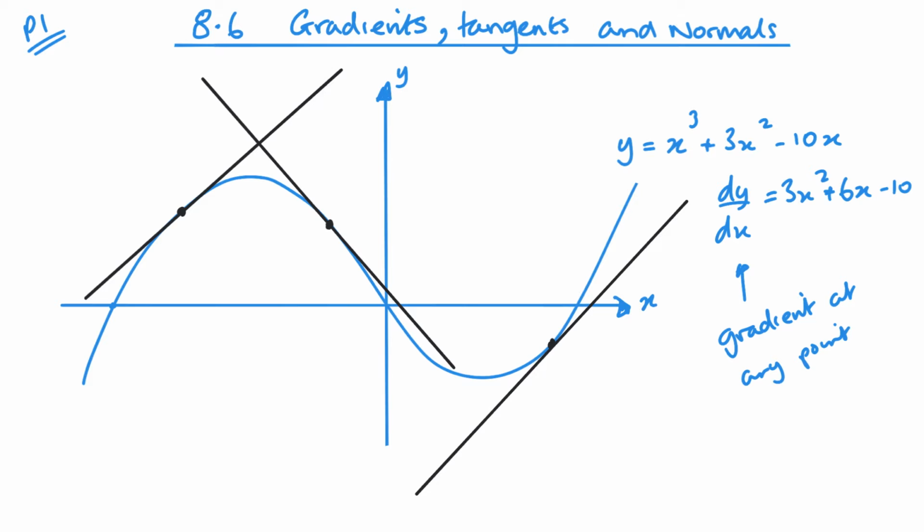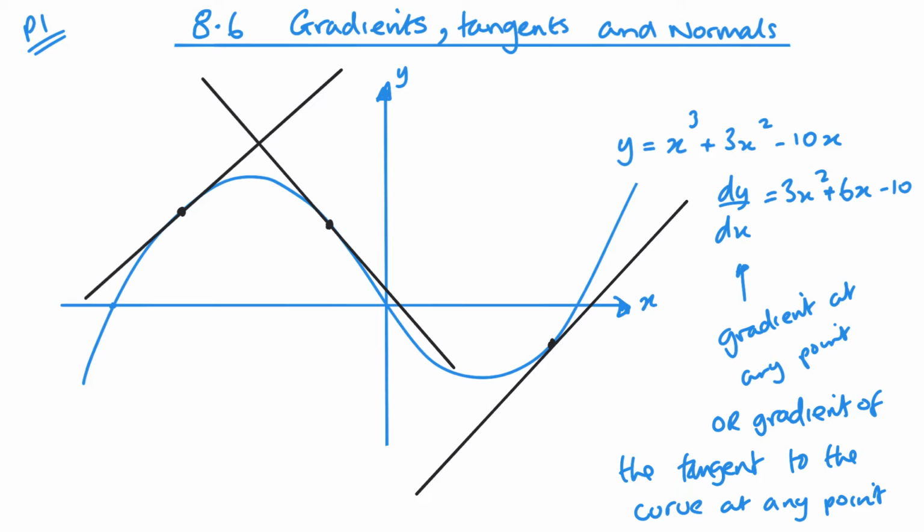So substituting a value in, like this value here, which is a little bit less than 2, I will get the gradient of this line. If I substitute this value in, I will get the gradient of this line. If I substitute this value in, I get the gradient of this line. So when I differentiate, I get the gradient of the curve at any point, and this is the same as the gradient of the tangent to the curve at any point.